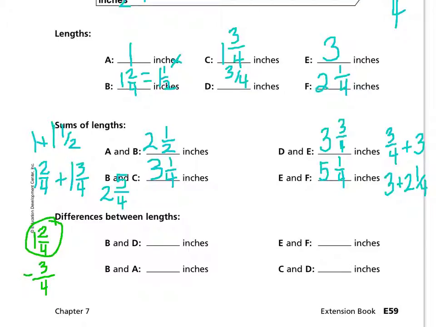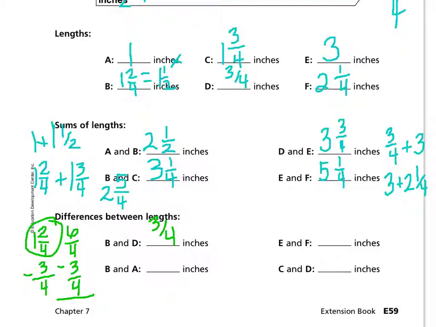So in order to do that, I would do 4 times 1, which is 4, plus 2, which would be 6/4, minus 3/4. I know that 6 minus 3 is going to be 3, and your denominator stays the same. Remember to keep all of your work.